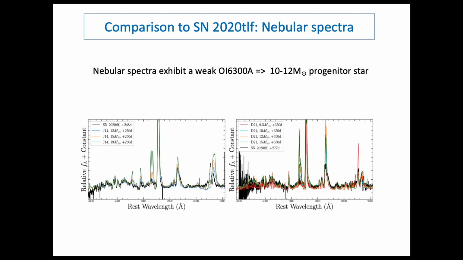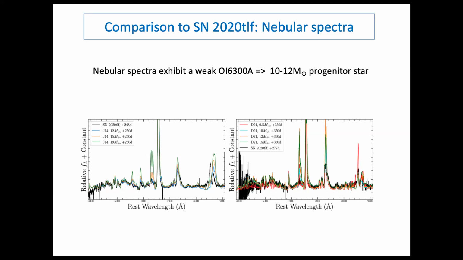As you can see, as you go from 12, 15 to 19, you increase the strength of that line, all else being the same. And these are simulations that I did in 2021. It's the same conclusion. As you increase the mass, this line flux increases. In order to explain the weakness of that line, you have to invoke a low mass progenitor.